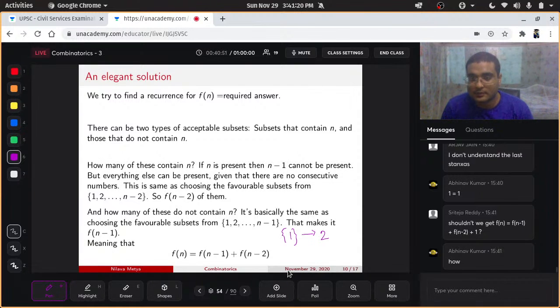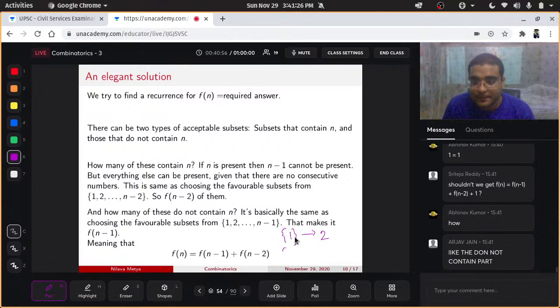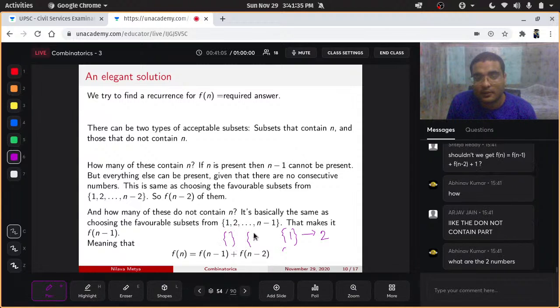Why should a plus 1 be there? For the set containing 1, we can either have the set empty or we can have just 1.